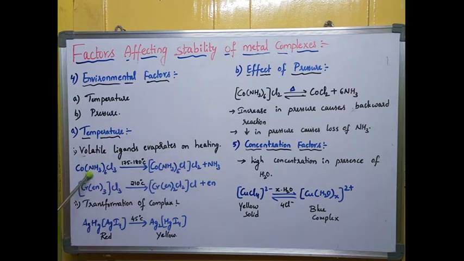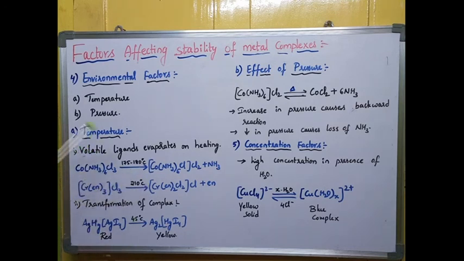You can see here [Co(NH3)6]Cl, and one NH3 molecule is getting evaporated on heating at 175 to 180 degrees centigrade. Next, if I take another complex, in this complex you can observe the en ligand, ethylene diamine ligand.